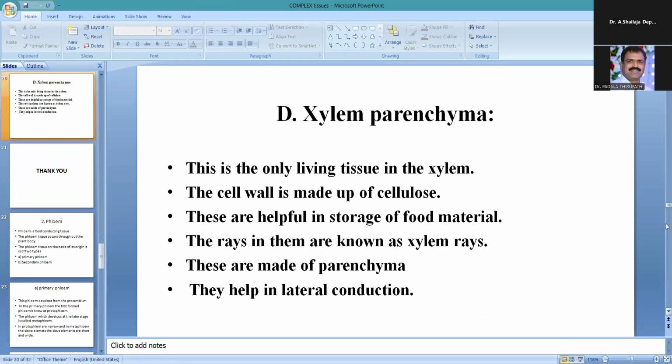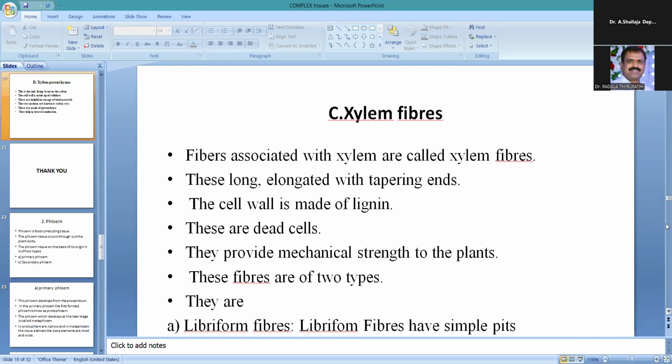In the xylem fibers, the libriform fibers are narrow with a highly thickened secondary wall, which destroys the central lumen, and with simple pits. These fibers occur abundantly in the woody dicots.